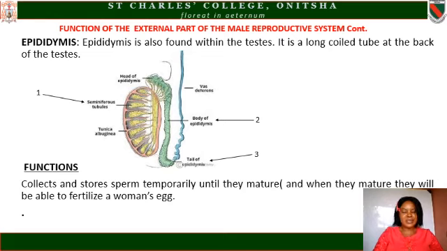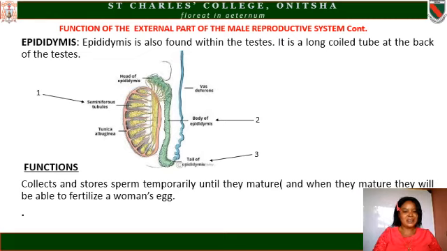Do you see the epididymis, the long coiled tubule? It has 3 parts. The head of the epididymis is arrow number 1, arrow number 2 is the body of the epididymis, while arrow number 3 is the tail of the epididymis.